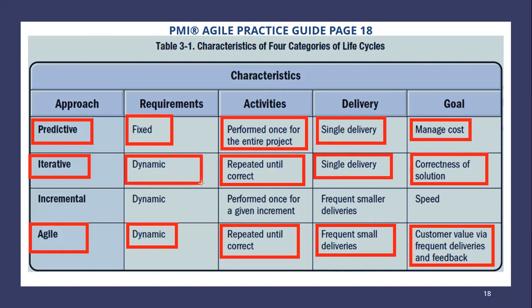In the world of iterative, our requirements can change. They are dynamic. And when the requirements change, the deliverable that you initially thought was going to be a particular way, it could change. That's all right. It's iterative. Remember, our goal is the correctness. We want that solution to be fit for use and conforming to the requirements we're given, and those requirements are dynamic.